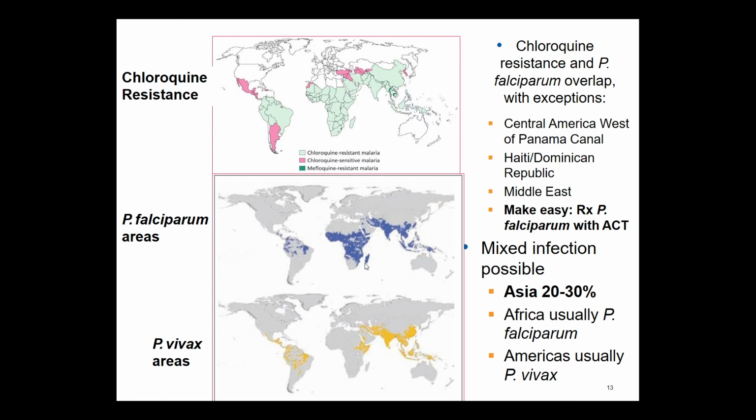If a mosquito bites a person, or several mosquitoes bite a person, the person may have several strains at the same time. He may have not one type of malaria, but several types of malaria at the same time. This mixed infection is possible in Asia because they have a falciparum area plus a vivax area. In Africa usually falciparum prevails, and in America usually Plasmodium vivax prevails.